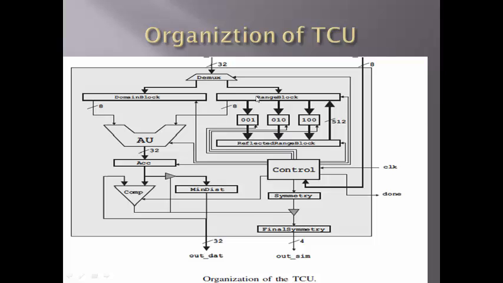The arithmetic unit AU computes the absolute value of the pixel difference, accumulating the results in AAC. AAC is the accumulator. The routing units 001, 010 and 100 take the pixels from the range block register to the reflected range block register, effecting a spatial relocation.